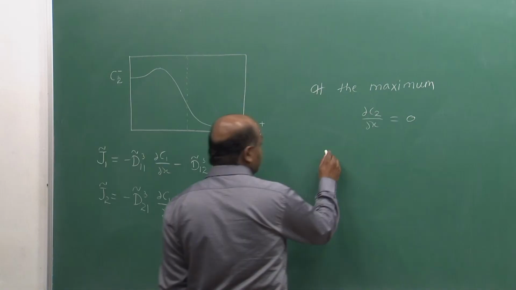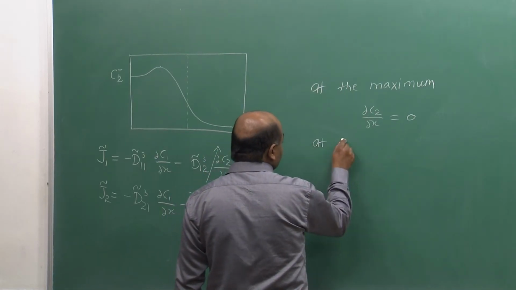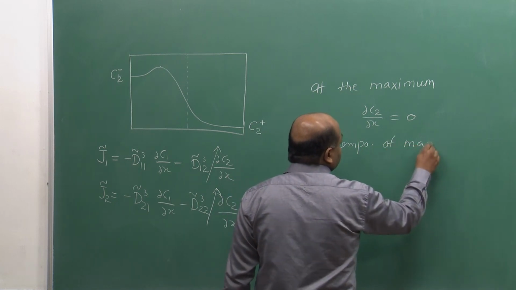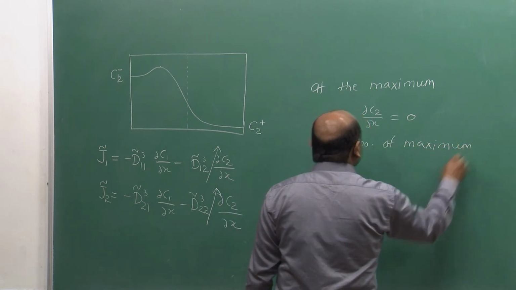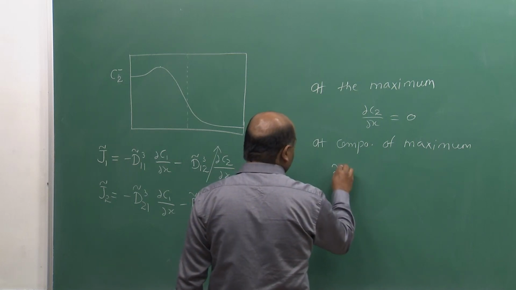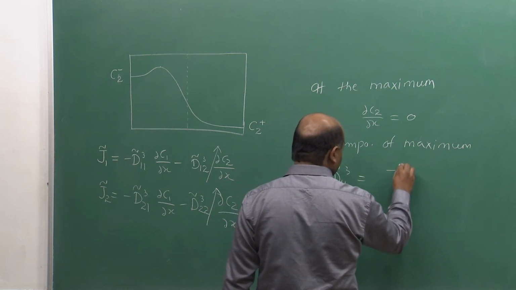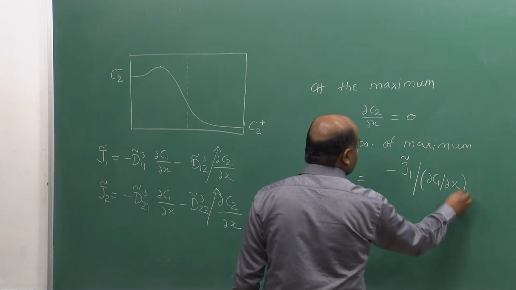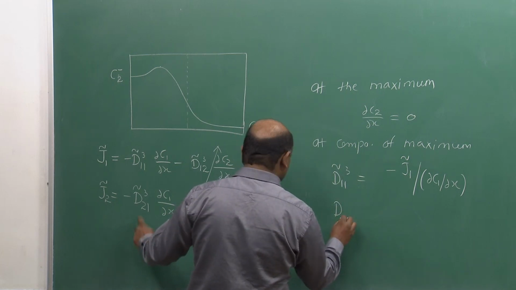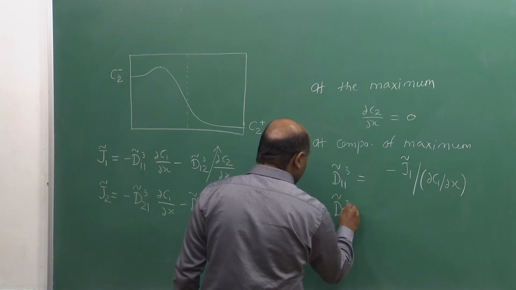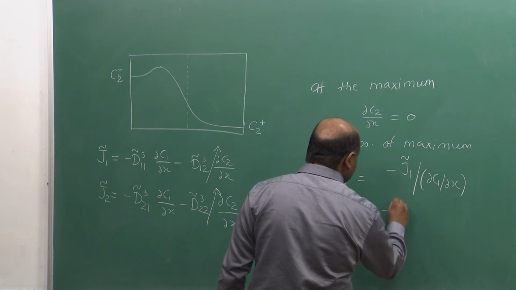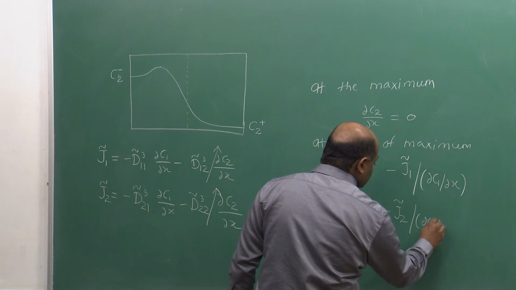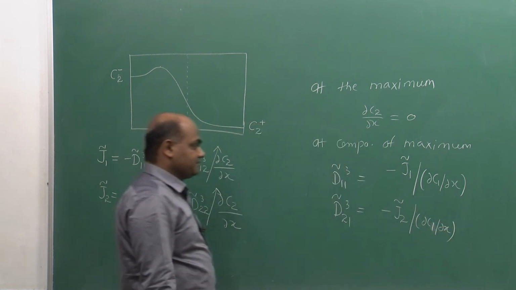So, this gives me at the composition corresponding to the maximum, D11 tilde 3 as minus J1 tilde divided by dou C1 by dou x, and D21 tilde 3 as minus J2 tilde divided by dou C1 by dou x.